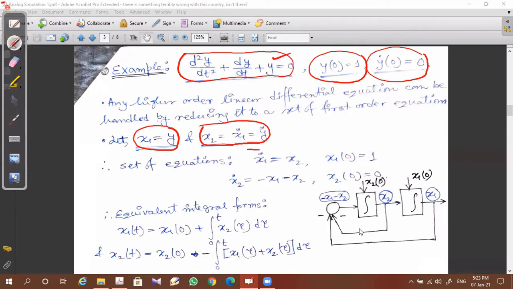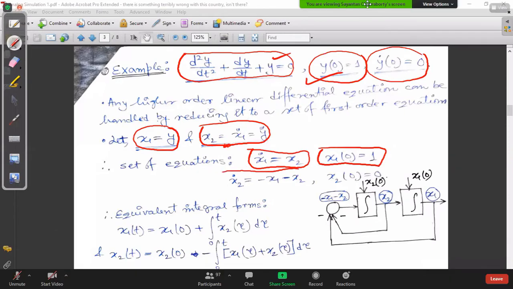So first set of equation will be x1 dot equal to x2. Very easy from here only. And initial condition x1(0), that is nothing but y(0) equal to 1. And the second set of equation will be x2 dot. Now what is x2 dot? x2 dot is nothing but y double dot.